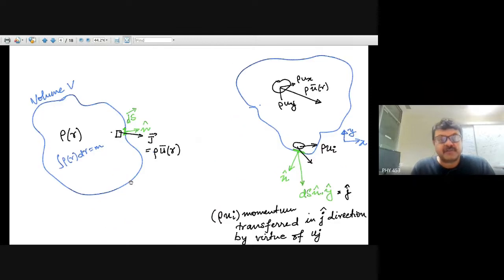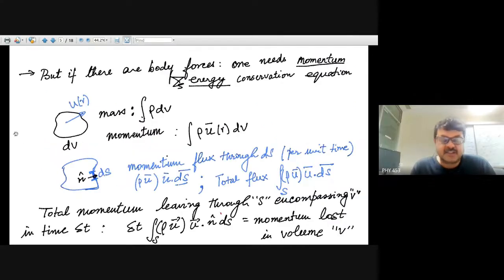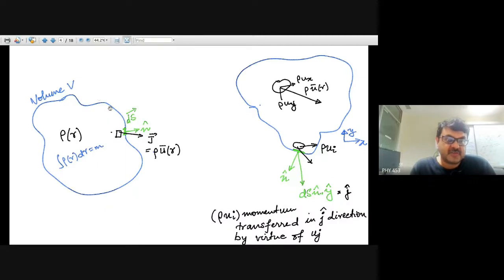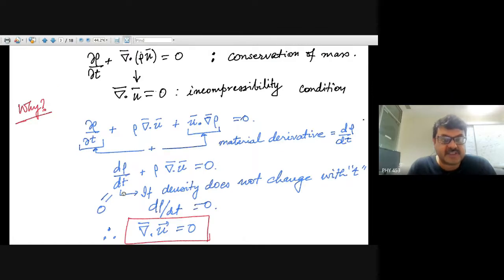And if you have the total derivative, you can consider that this fluid element, as it is moving as a function of time, can change shape, right? Because there is a flow, the flow field can change this fluid element. So it's the total derivative, the Eulerian derivative, as we discussed earlier, and we can write it as the total derivative d/dt of rho, and what remains is rho times divergence of u.